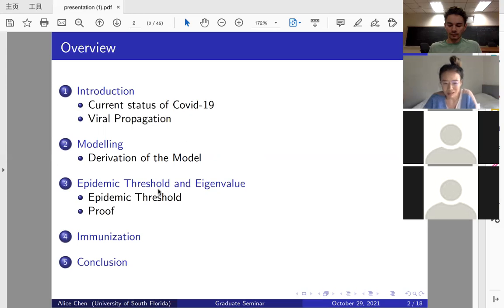We're going to prove it and get some conclusions to really apply to the real case of virus spreading. We call it immunization, and then we're going to draw some conclusions and maybe future work or Q&A. Okay, so that's briefly what we're going to do today.